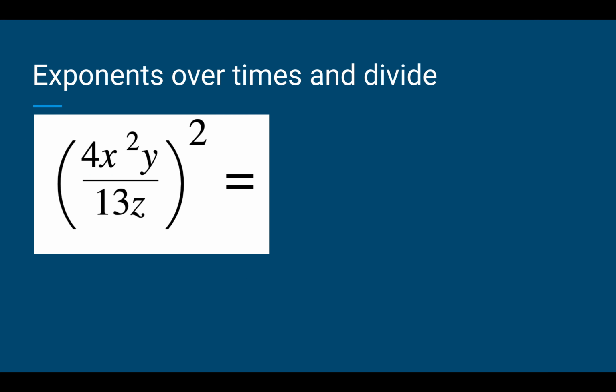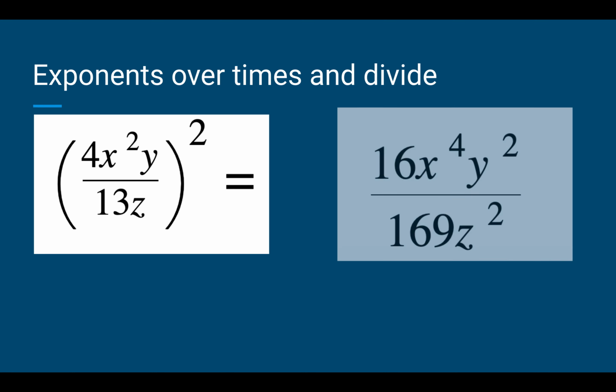So let's have a look at this one, very popular at level 2 exams. You can just square each of the coefficients and each of the variables. So 4 to the power of 2 gives us 16, x squared is going to be x to the 4, and y squared.